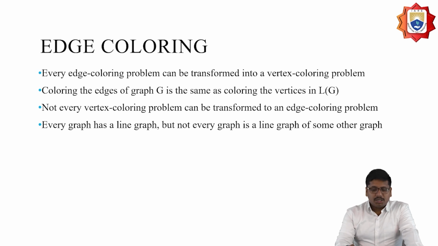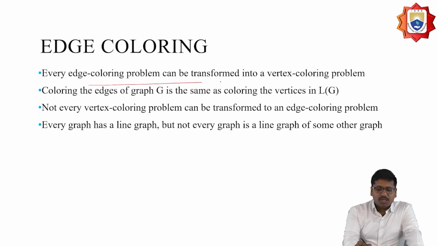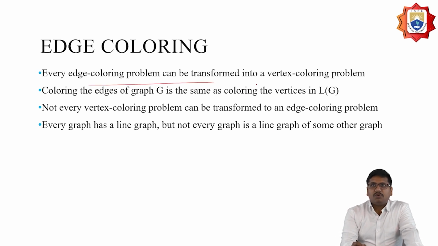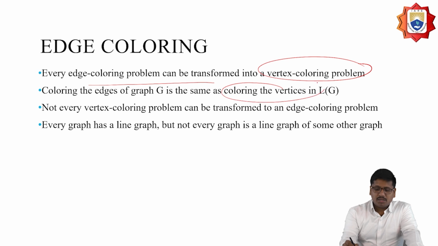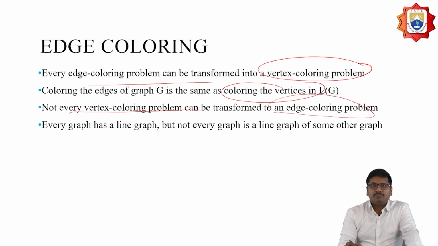So what is edge coloring here? Every edge coloring problem can be transformed into a vertex coloring problem, and coloring the edges of the graph is the same as coloring the vertices, but not every vertex coloring problem can be transformed into an edge coloring problem.